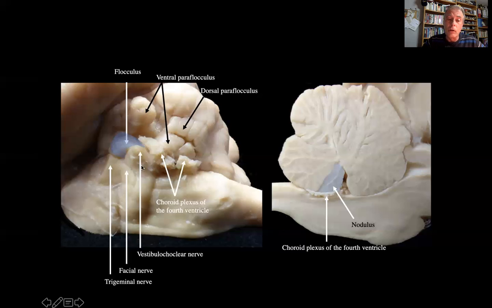There are also other structures here, such as the trigeminal nerve section, the facial and vestibulocochlear nerves, and the choroid plexuses of the fourth ventricle, because I have said in other lessons that these choroid plexuses extend through the lateral openings of the fourth ventricle into the subarachnoid space.